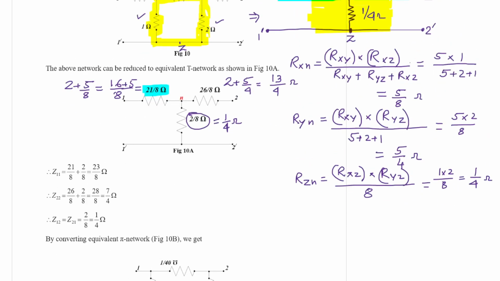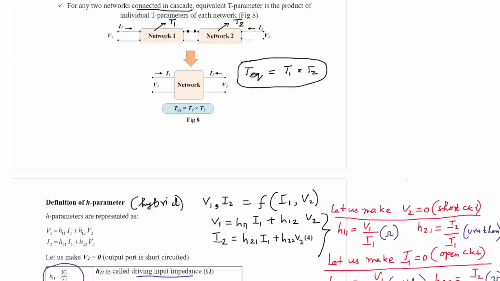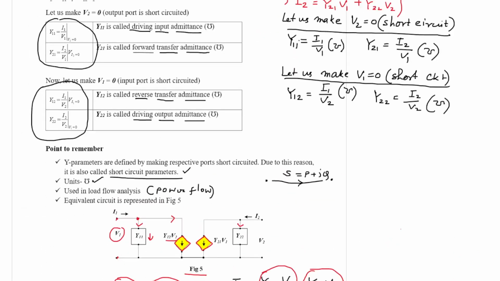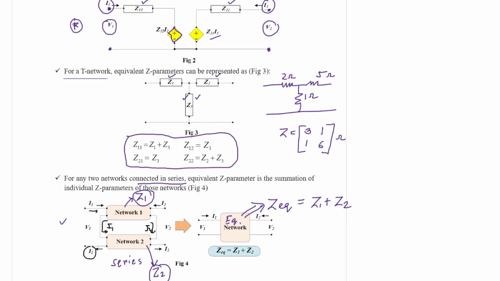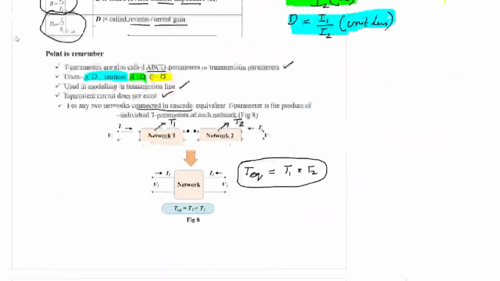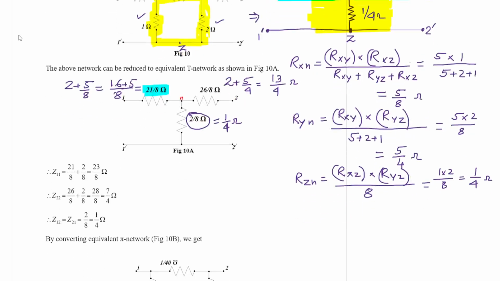So using this formula that is discussed in the case of the Z parameter. Now what is the Z parameter? Now you see the application of this rule. You will find a T network. Now you can directly write the Z parameters of this T network, right? So what is Z11? Z11 is equal to Z1 plus Z3. That means this 21 by 8 plus 2 by 8, which is equal to 23 by 8. That is Z11.